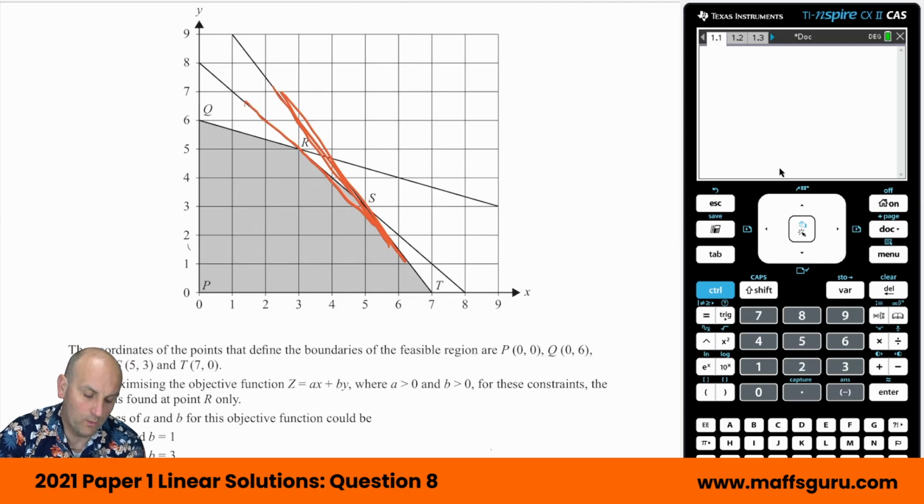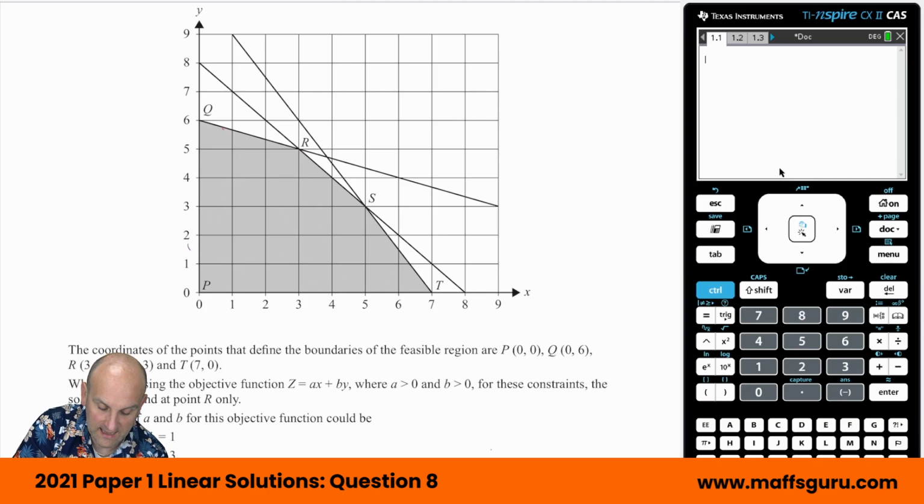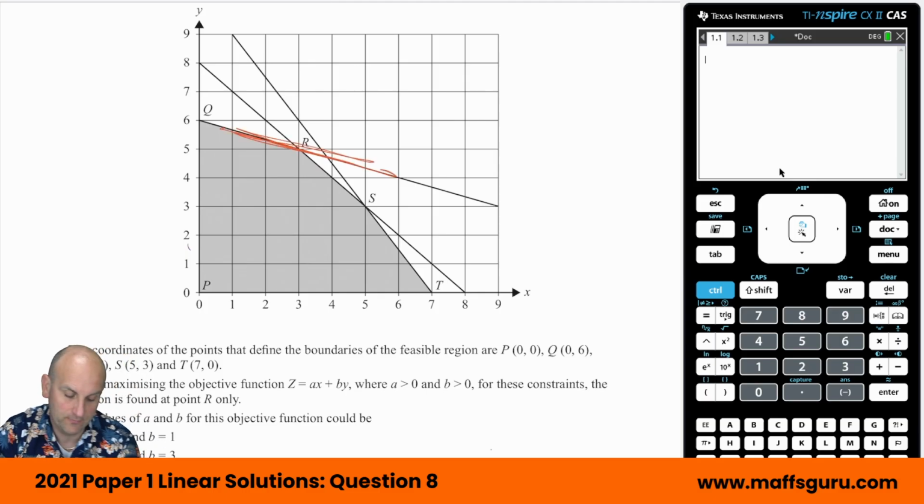So basically we've got to have a value of gradient that does not equal those two, but it can have a value of gradient between those two.